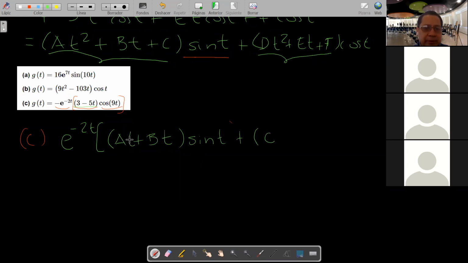Maybe here it is better to write: plus another polynomial times the cosine. It's 9t, right? That's the argument for the sine and cosine. And that's it. This will be our guess for this forcing function.